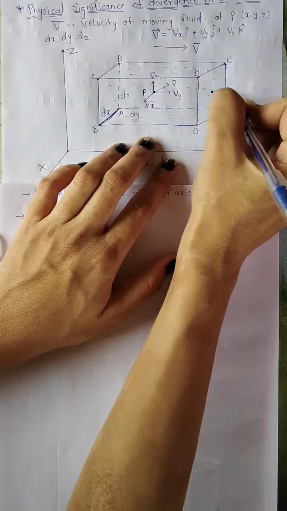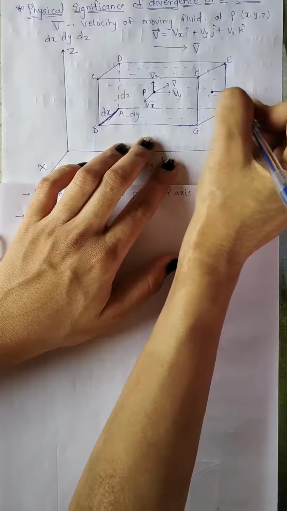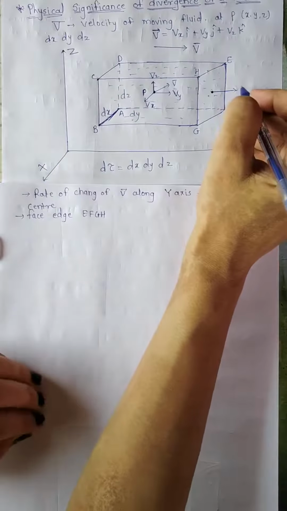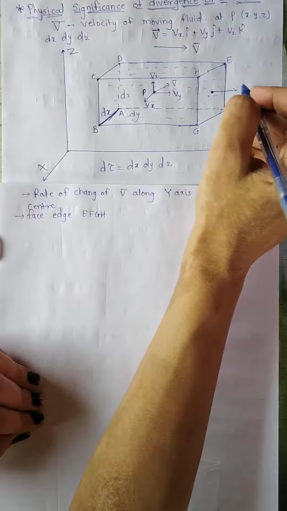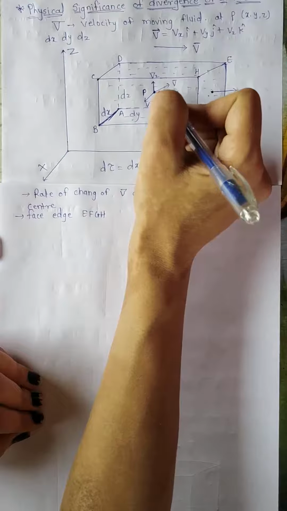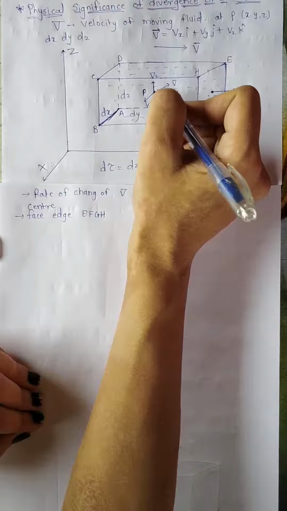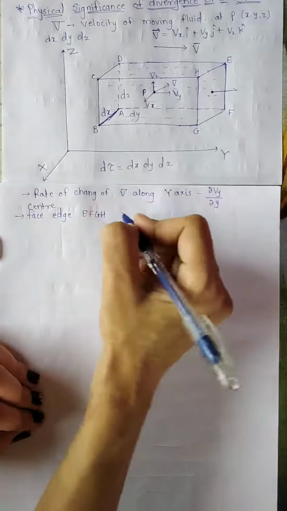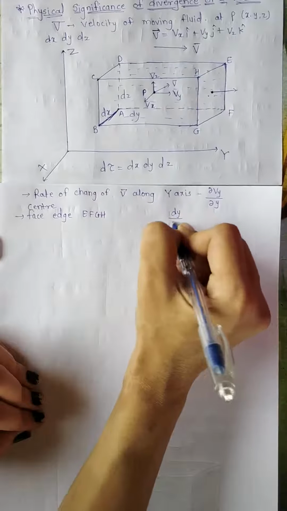So this is the center of the face EFGH, and its distance from point P is dy by 2.